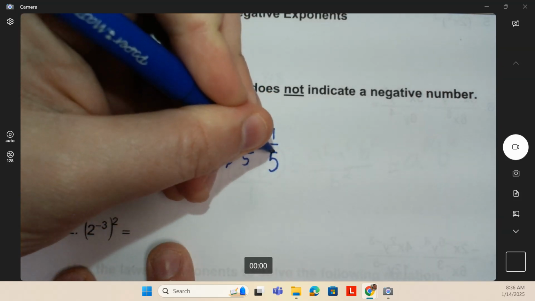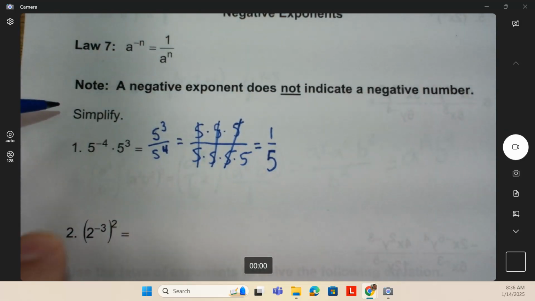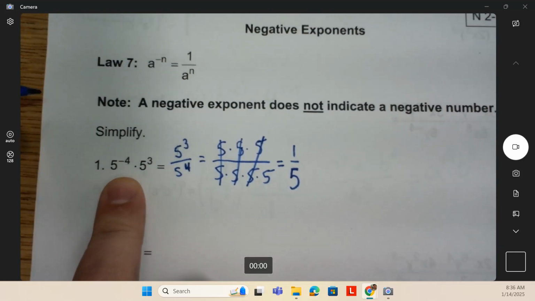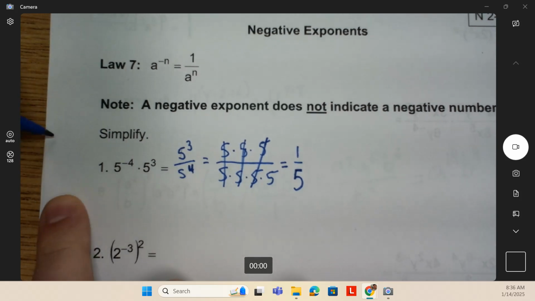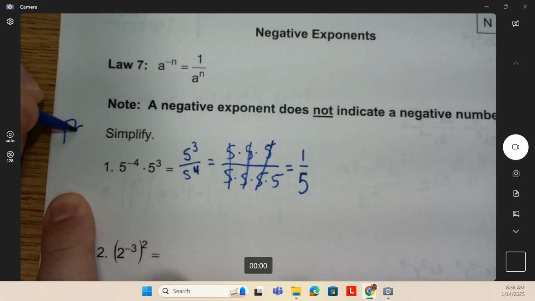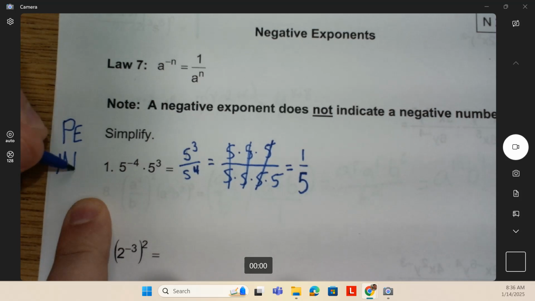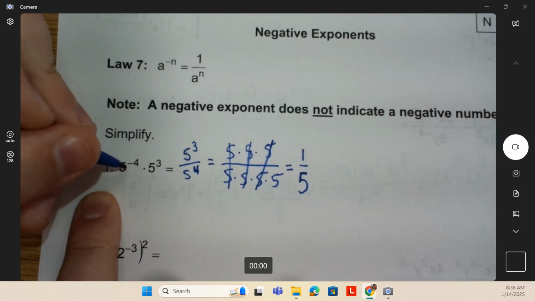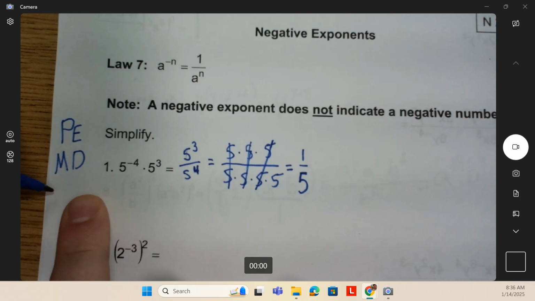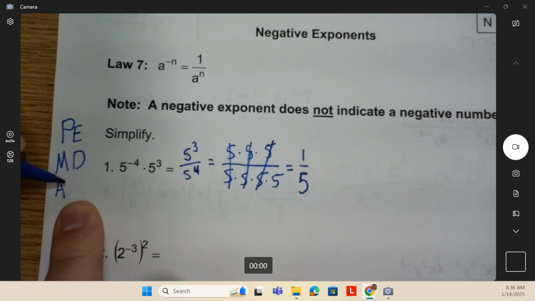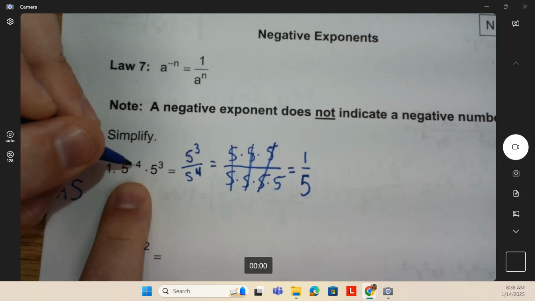The other way, of course, to think about that is using my order of operations, the PEMDAS, and I've got 5s with exponents that I'm multiplying here. And so when I zoom into those exponents up top, then I'm adding those together.